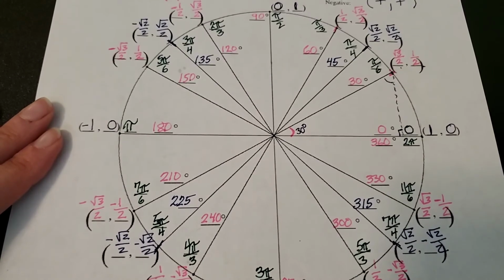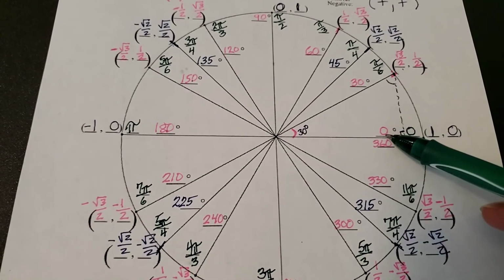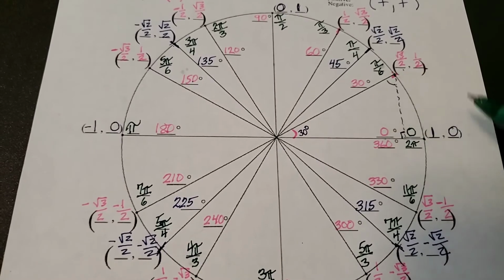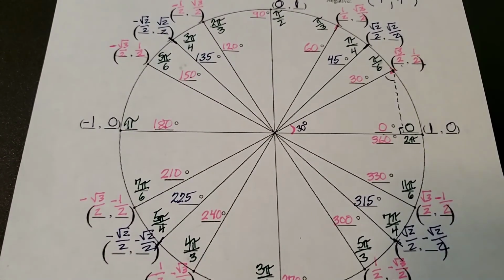And now our unit circle is complete. It has all of the angles in terms of degrees, radians, and the corresponding ordered pairs.